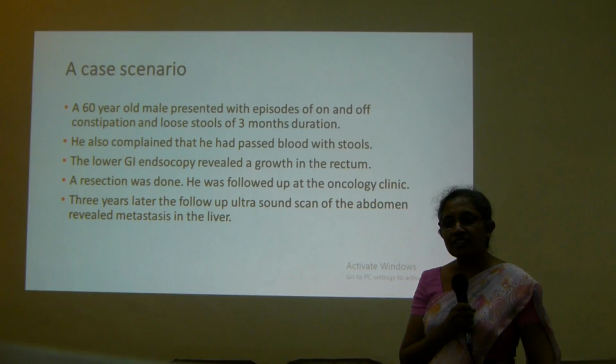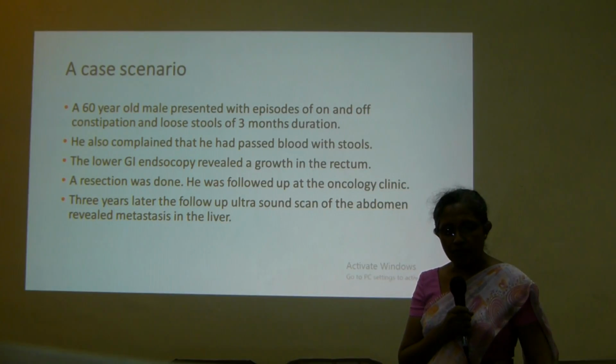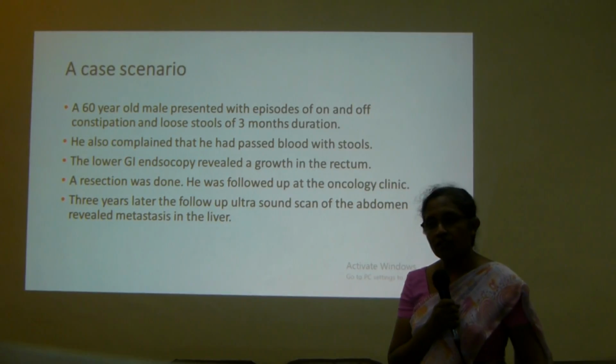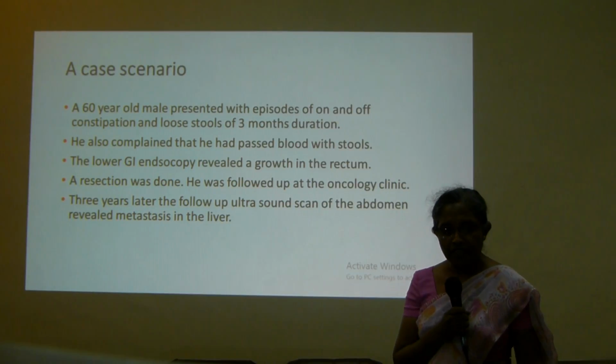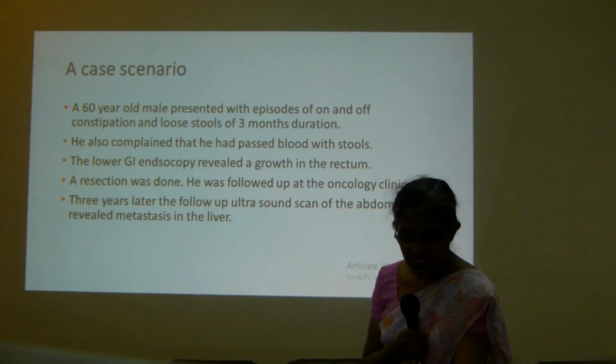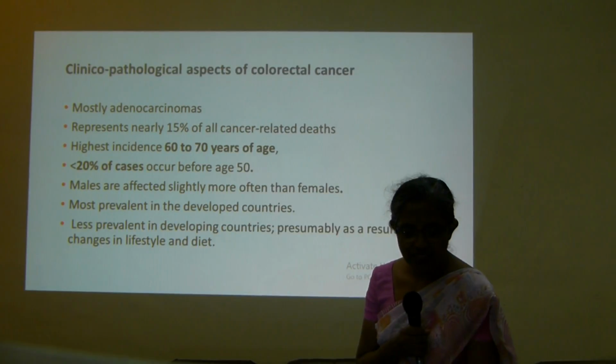He underwent a resection, an abdominoperineal resection, and finally they identified this adenocarcinoma to be spreading to the lymph nodes as well. He was followed up at the oncology clinic, and about 3 years later he developed metastasis in the liver. So that's the case scenario, and let's take it one by one.